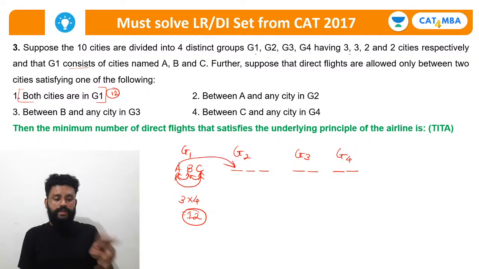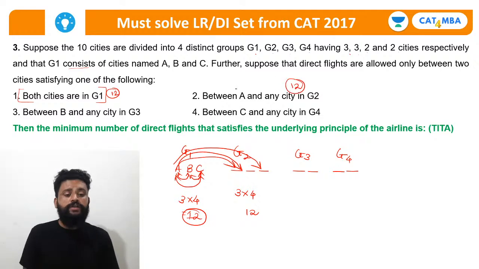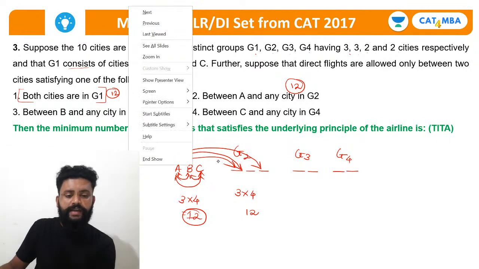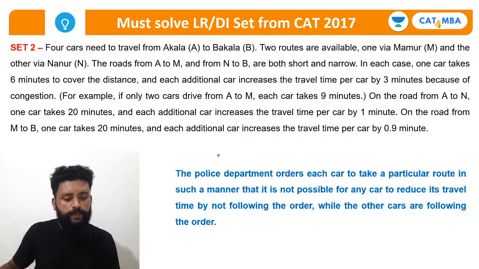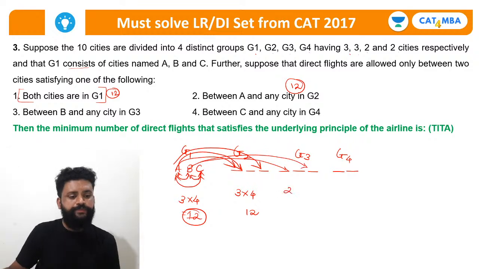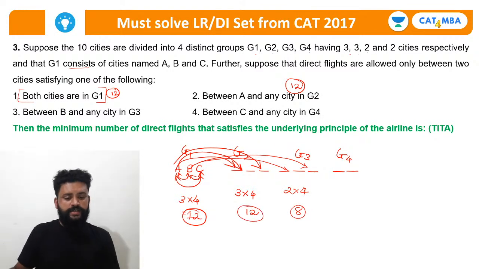Between A and any city of G2. अब A को कनेक्ट करना है G2 के साथ, एक कॉम्बिनेशन, 2 कॉम्बिनेशन और 3 कॉम्बिनेशन, तो 3 into 4, इसके लिए 12 flights लगे. Then between B and any city in the G3, B को G3 के साथ कनेक्ट करने के लिए 2 कॉम्बिनेशंस बन सकते हैं. G3 में 2 है, 2 into 4, require 8 flights for it.